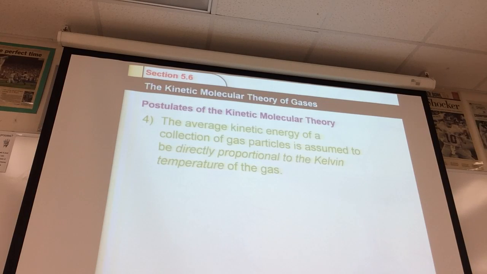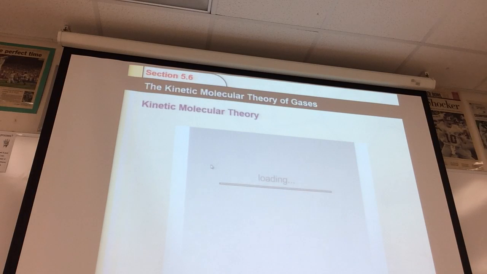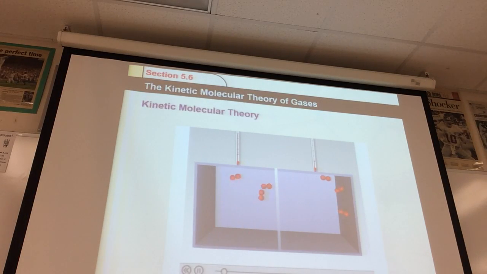That is in your notes, and we're going to illustrate that graphically. These particles are in constant motion, but on the left side you can see the temperature is higher than on the right side, hence the faster speed.